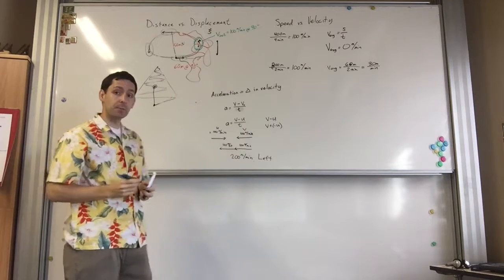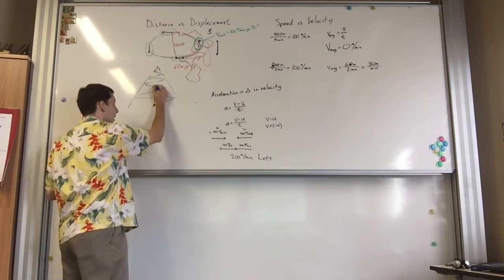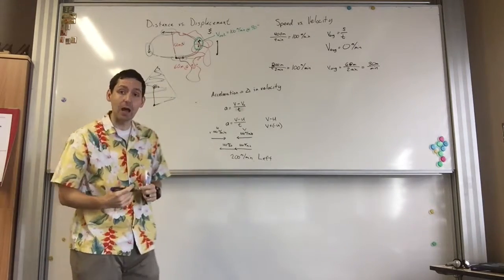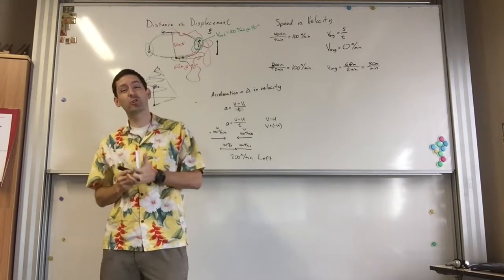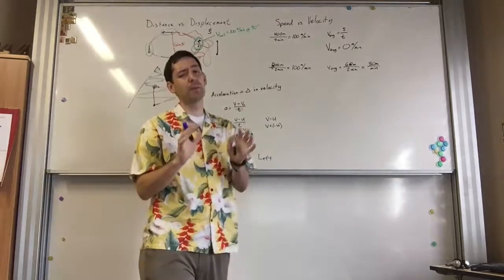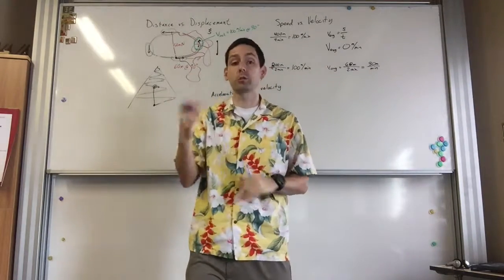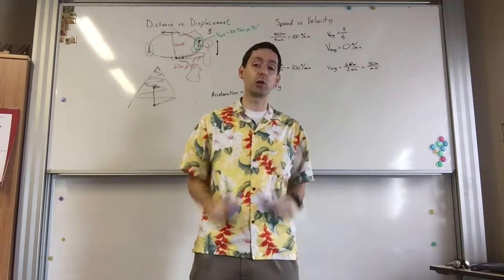Your displacement is still positive because you're above where you started, but what direction are you heading now? You're actually starting to head down, and so your direction is actually negative. It's going down. So remember that a positive displacement doesn't necessarily mean that you are moving upwards or moving to the right. It just tells you where you are.